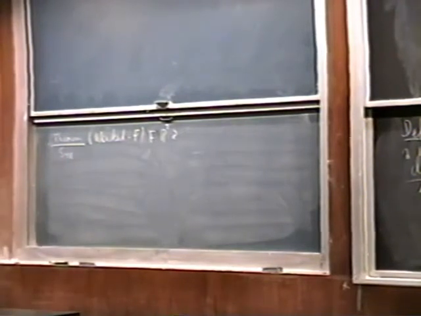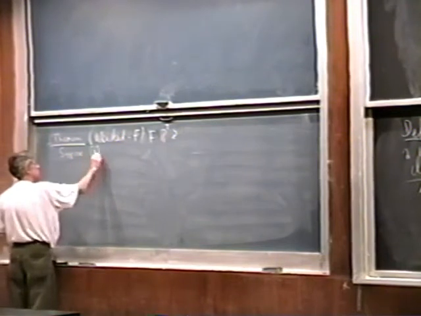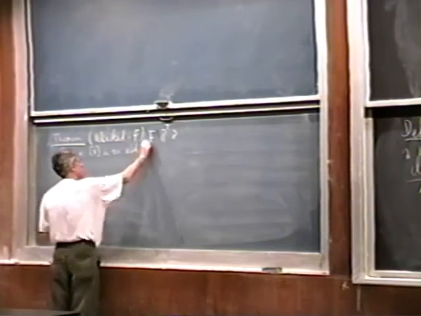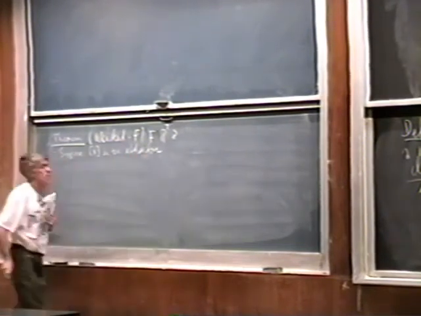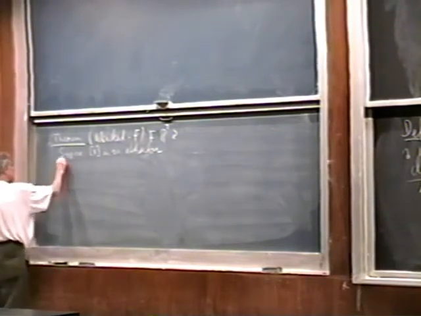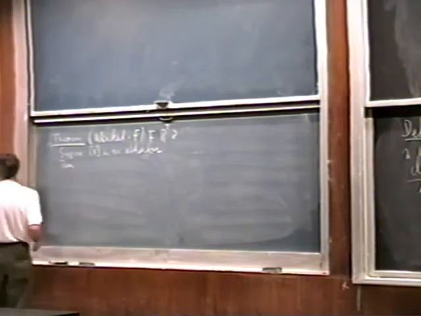And we suppose that we have an attractor for this mapping in P2. Then, well, let's go back to P1.